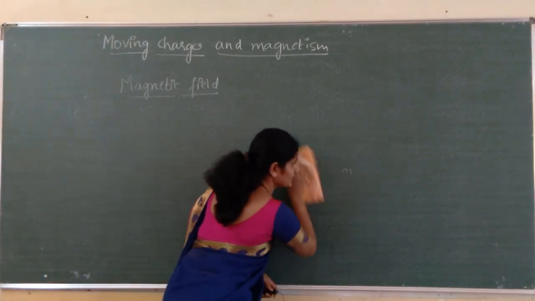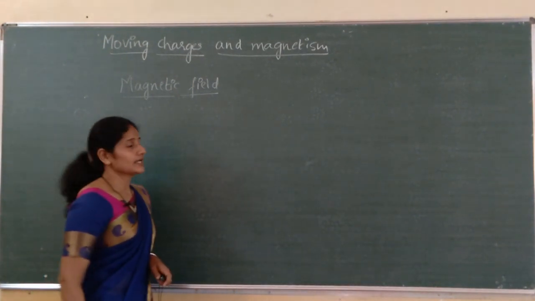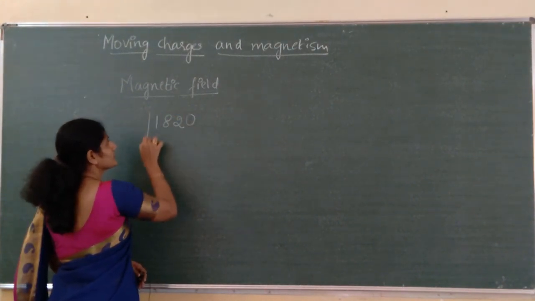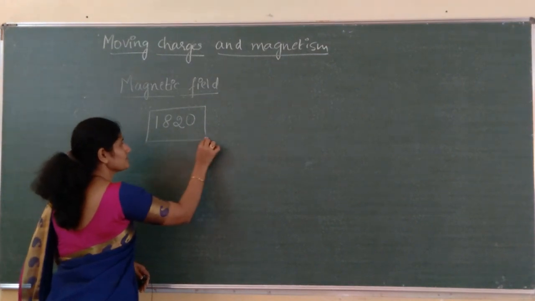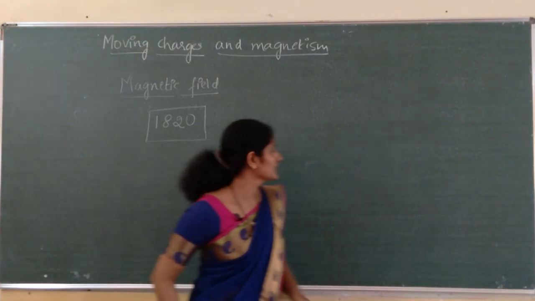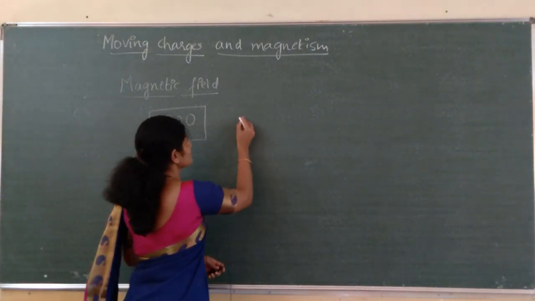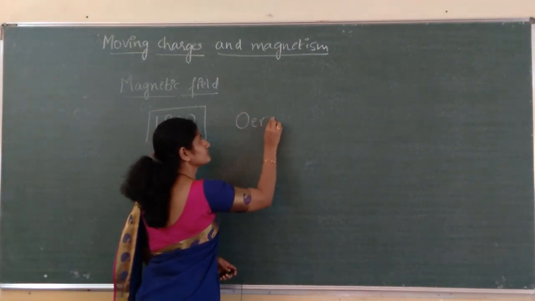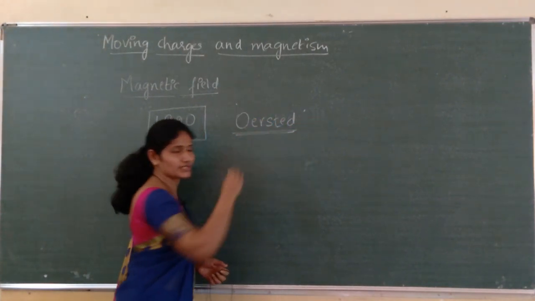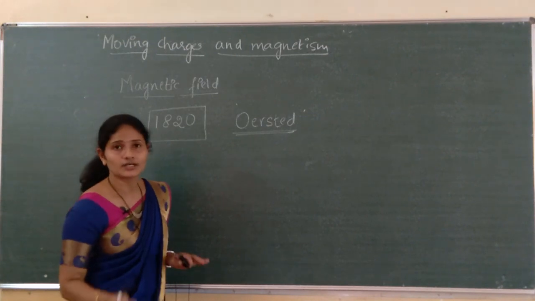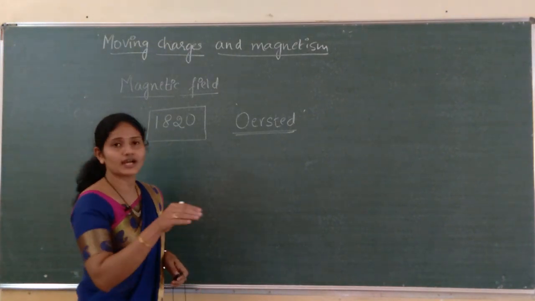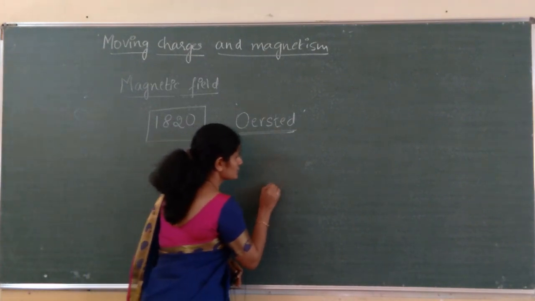and who discovered this. In the year 1820, a scientist, and the name of the scientist was Oersted, was in his lab doing one experiment regarding current.